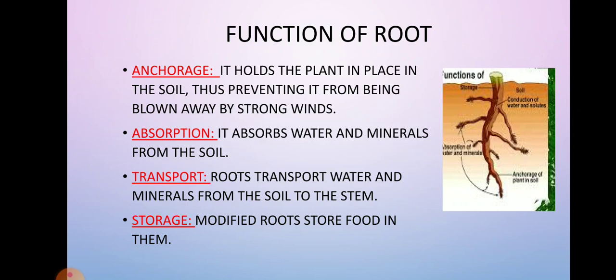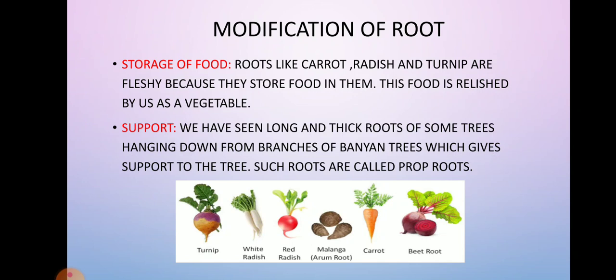So we have modified roots. Modified means these are the common functions I have said already, so there are some modified functions, meaning along with these common functions it does modified functions also, an extra function that is being done. So that is storage of food. So modification of roots we are going to see in the next slide. The first is storage of food.